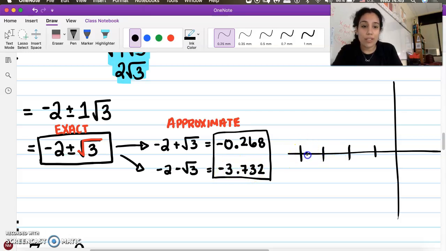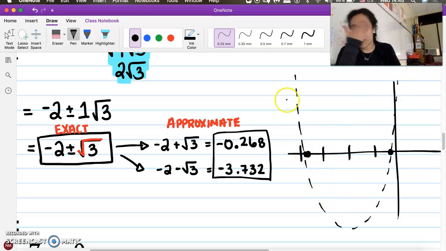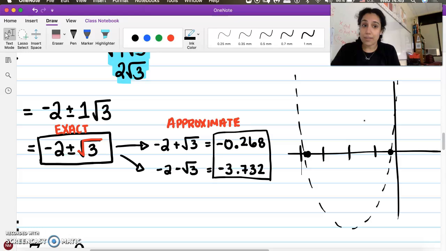Negative 3.72 is approximately there. Negative 0.2 is approximately there, and it's concave up. So it would look something like this, except I totally missed this point, but you got the point. So those are my x-intercepts. They're not as pretty, but those are my x-intercepts.